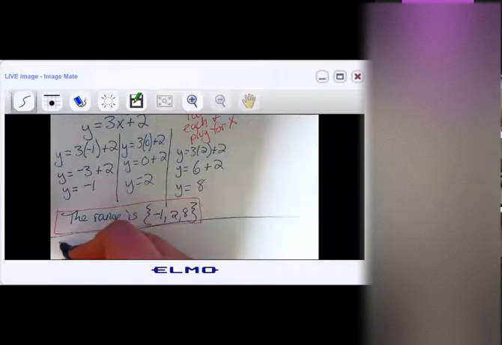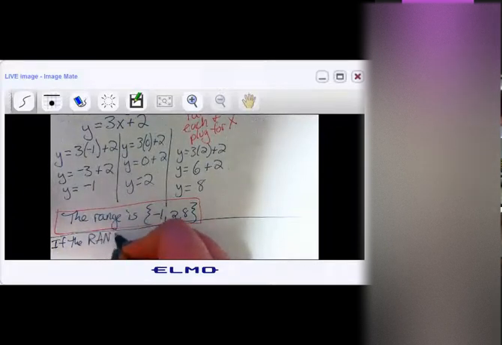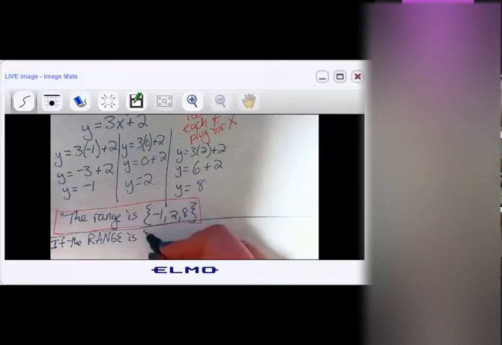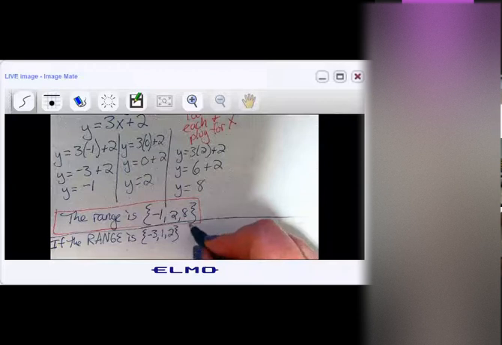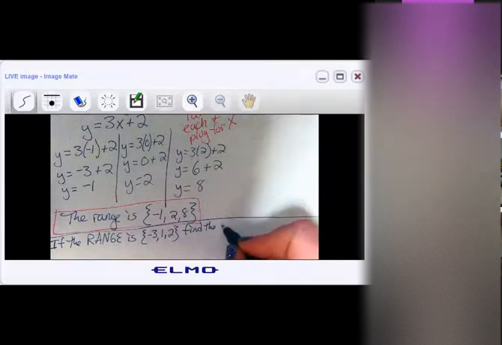So if the range is -3, 1, 2. Find the domain.